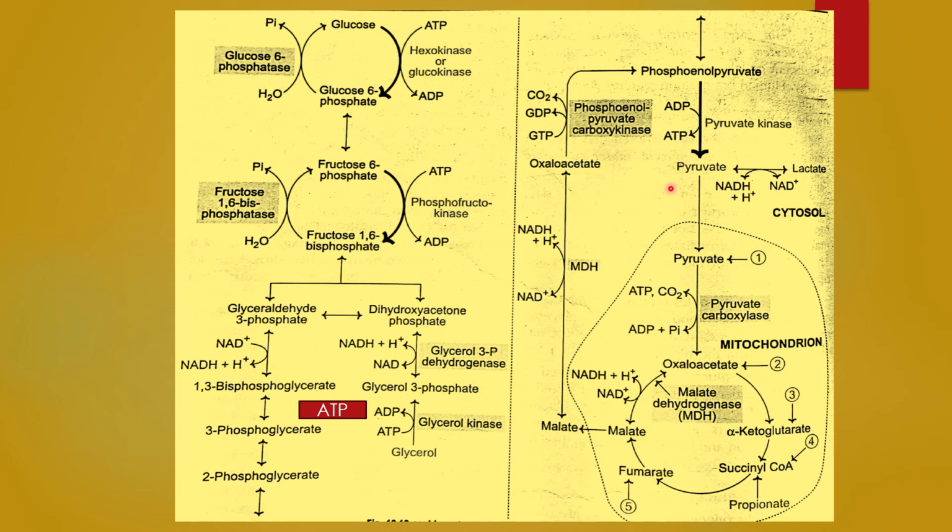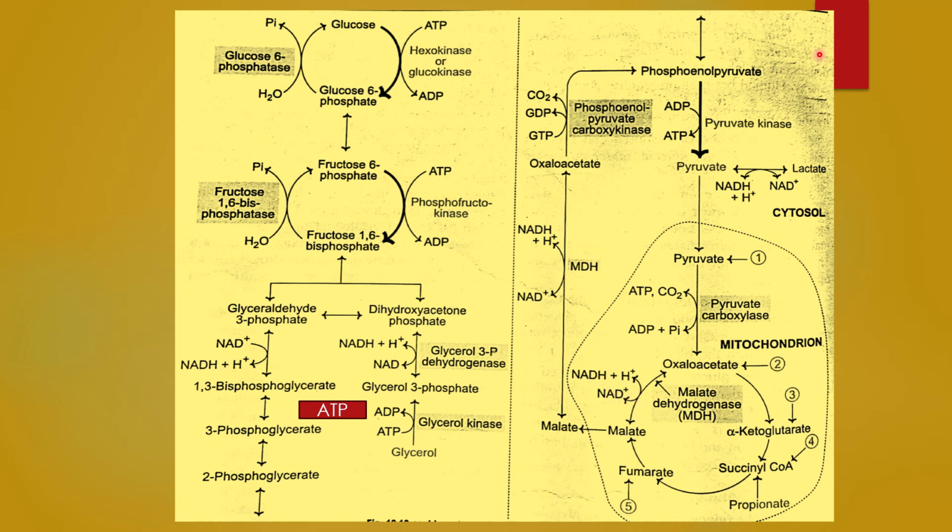So there are two important enzymes of gluconeogenesis: one is pyruvate carboxylase and one is phosphoenol pyruvate carboxykinase. They mediate the reverse conversion of pyruvate to phosphoenol pyruvate, while in glycolysis only pyruvate kinase was required to convert PEP to pyruvate. So this is the major difference.